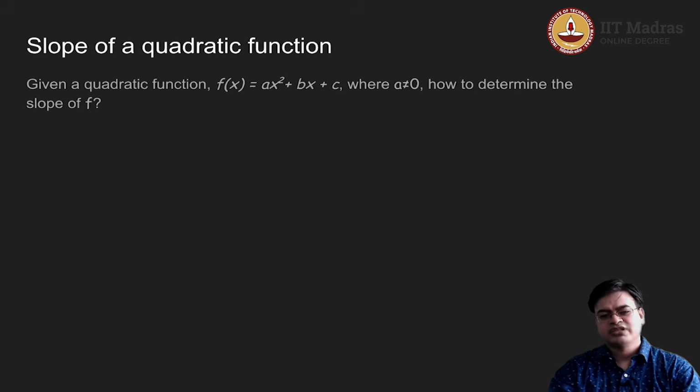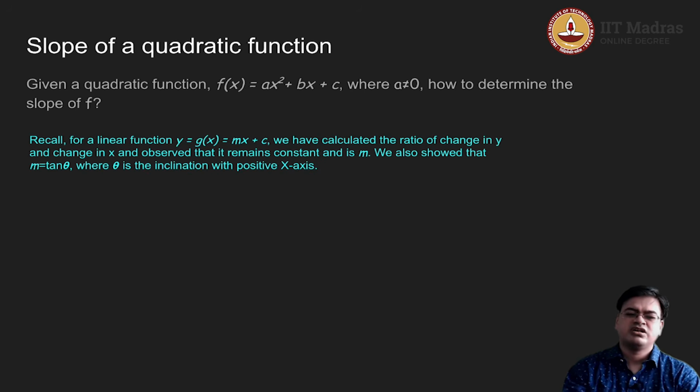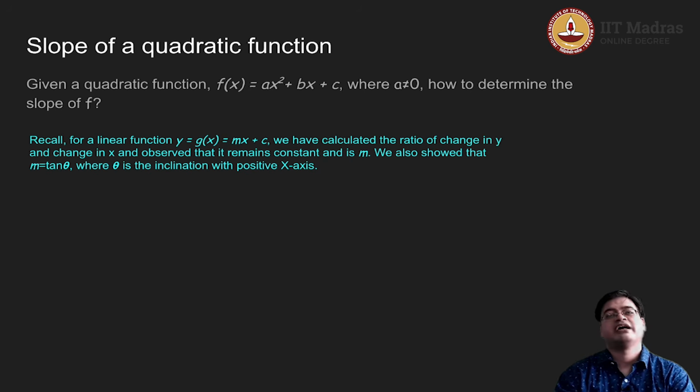In order to generalize this notion of slope of a function, we will first recall what we do know about linear functions. If you look at a linear function, y which is equal to g(x) equal to mx plus c, we know that this m represents the slope, and m can be calculated by considering the ratio of change in y upon change in x.